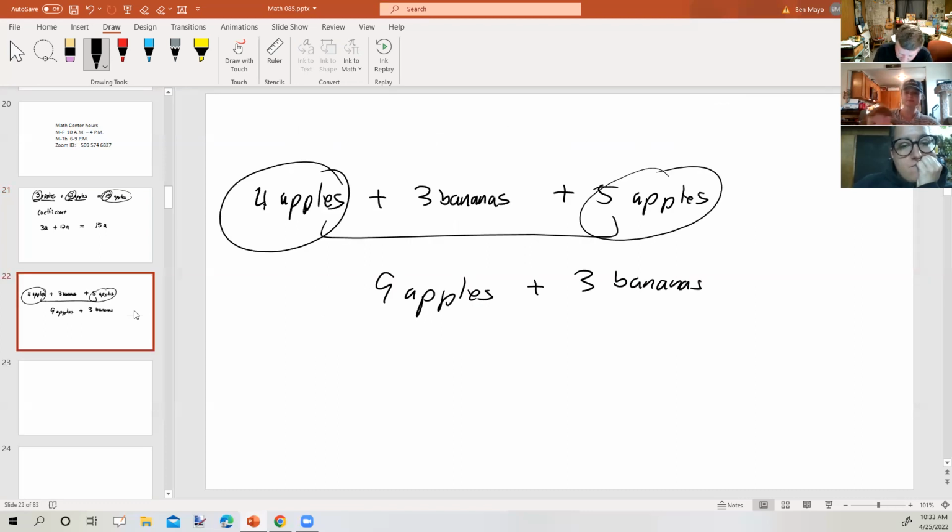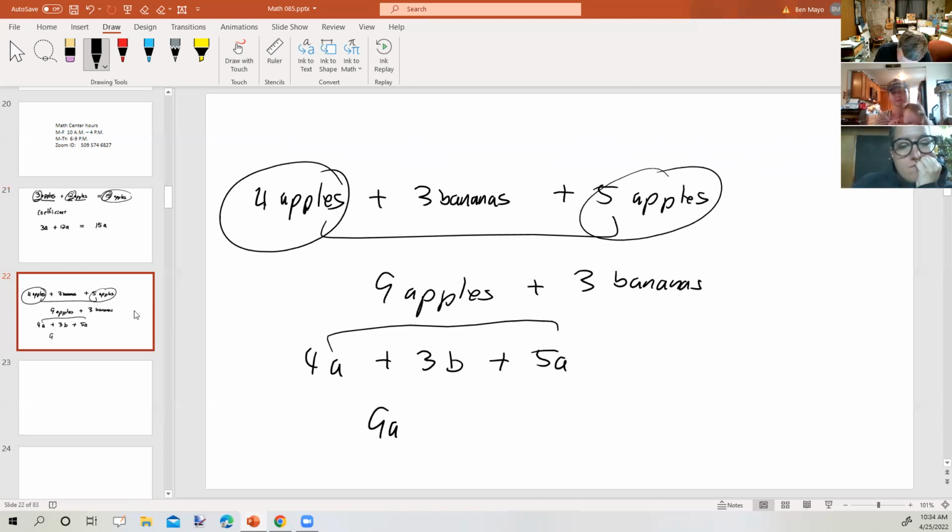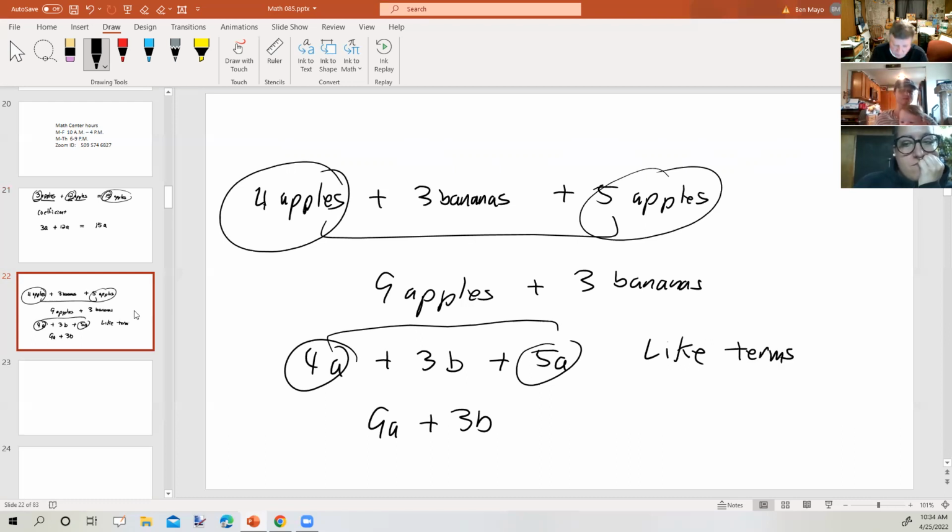In this example, let's say we had 4A plus 3B plus 5A. We could combine the 4A and the 5A to get 9A, and then 9A plus 3B. All right. The 4A and the 5A are what we call like terms.